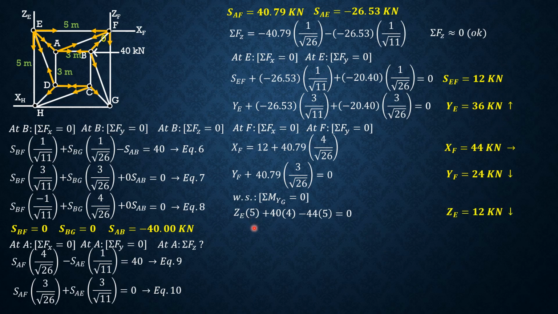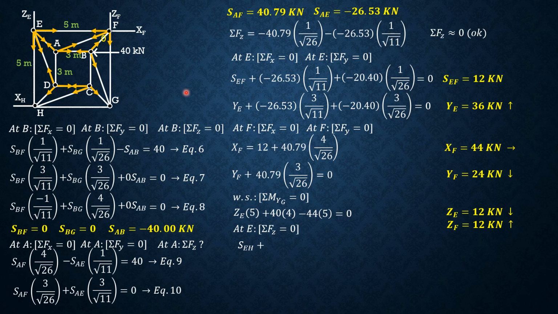So from there, we can solve G sub E. G sub E is equal to 12 kilonewtons, so it is in the forward direction, positive. So we can go back to E and sum up forces along Z so that we can solve for the force in EH. Similarly, summation forces along Z, considering the whole system, if G sub E is 12 kilonewtons forward, then G sub F is 12 kilonewtons backward. So that's why we have 12 kilonewtons backward for G sub F.